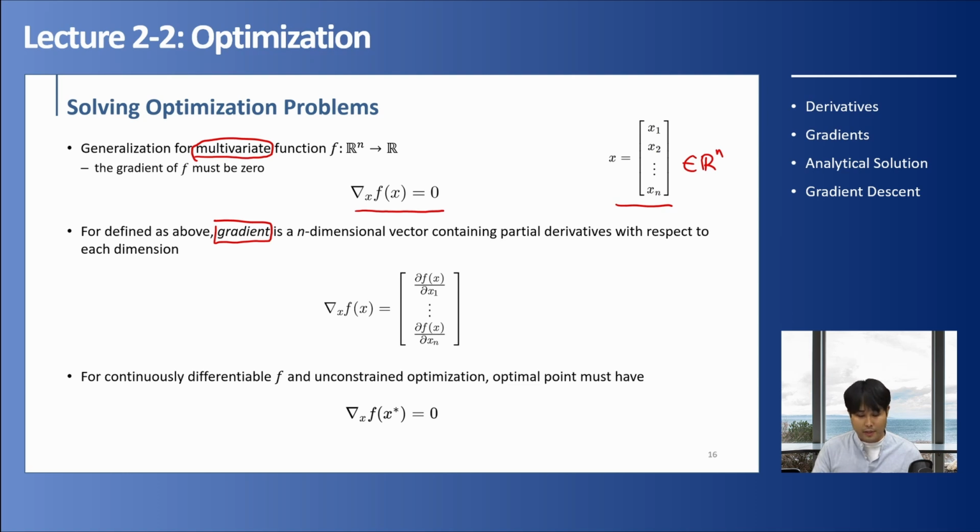So for example, if we have n dimensions, we will be taking the partial derivative with respect to each dimension, all the way up to xn. So if we borrow the same concept over from the one-dimensional case, for a multivariate optimization problem, our goal is to find the point at which the gradient is equal to 0.